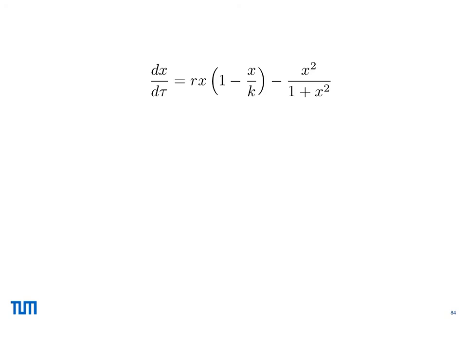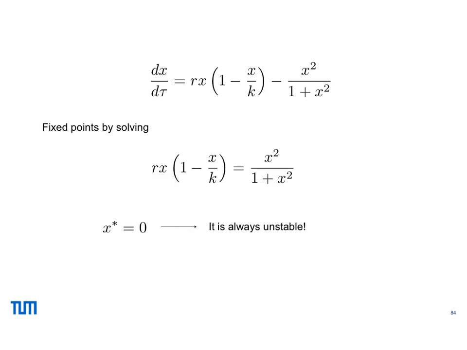And how do we find the fixed points of the system? Yes, we will just consider this term in here being 0. And this happens when this term equates this term in here.